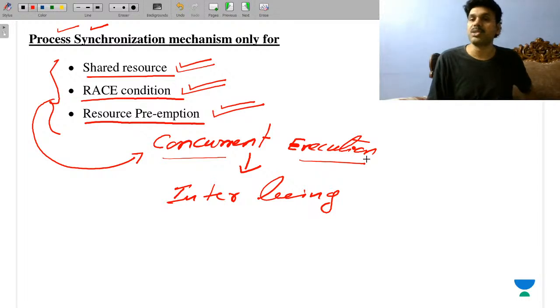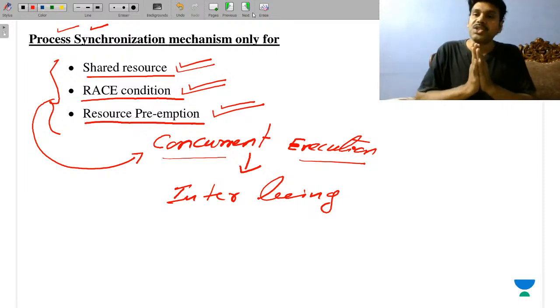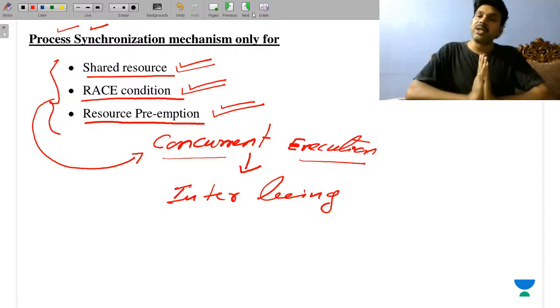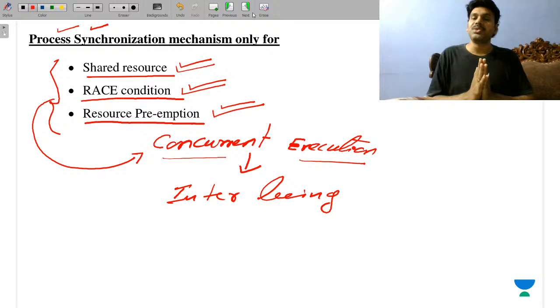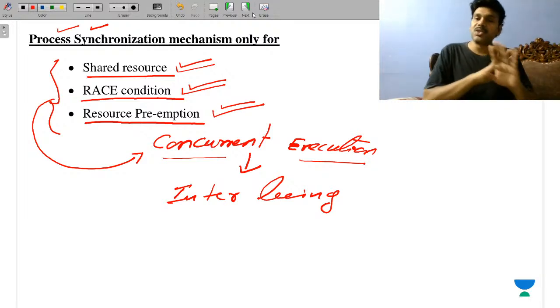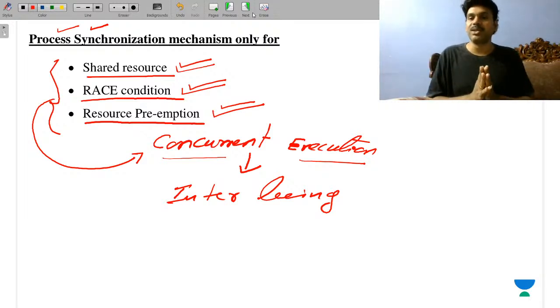So what is process synchronization? I already told you it is not for serial execution. Again and again I am telling you, when you have non-shareable resources and you are executing line by line the threads or processes, there is no requirement of process synchronization.